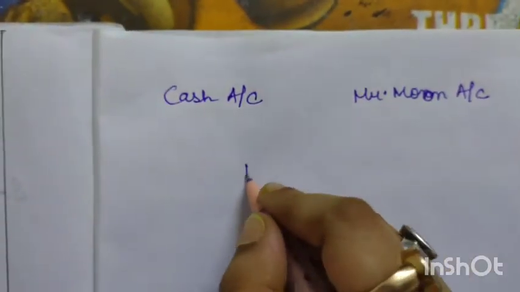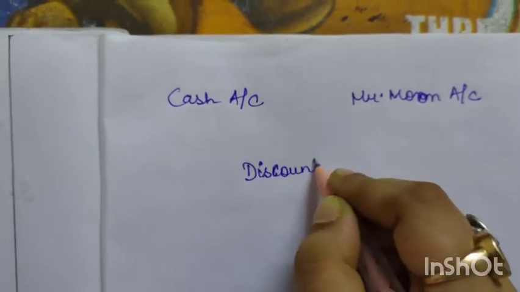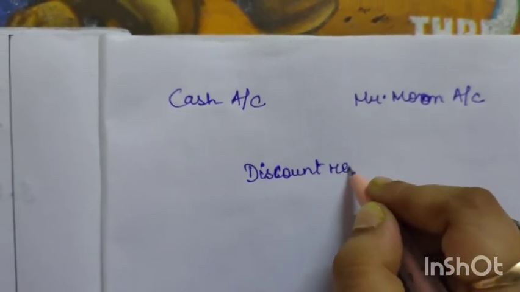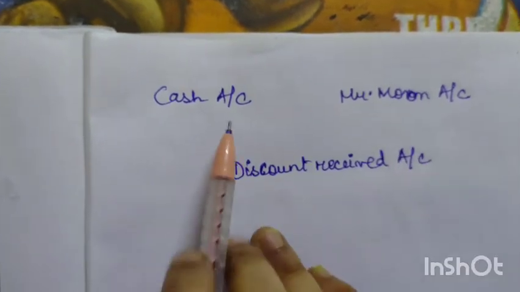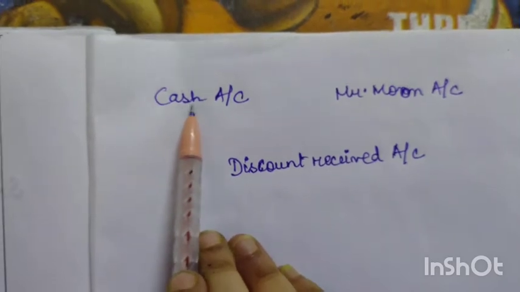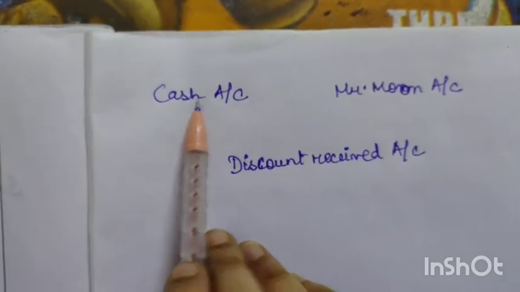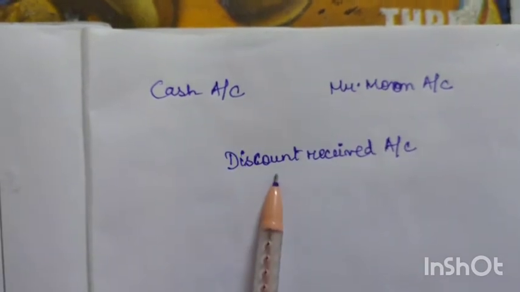Now in this case we have received the discount, so we will open discount received account. Okay, so three accounts need to be opened: cash account, one is Mr. Moon account, another is discount received account.